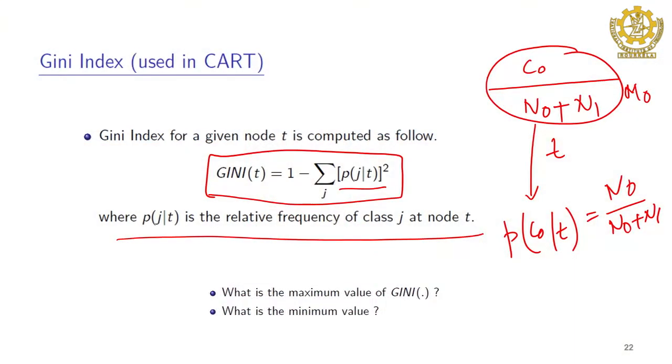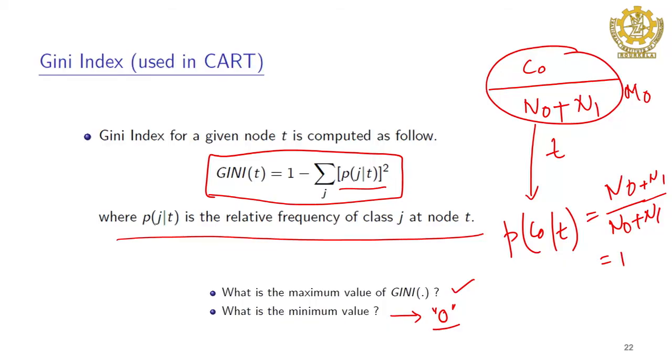All objects belong to C0, so N0 plus N1 over N0 plus N1 gives you 1. You square it, and all other classes give 0, so 1 minus 1 is 0. The minimum value will be 0, which means it is a purest node; we said our objective is to get the pure node.